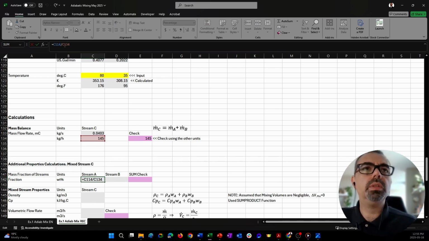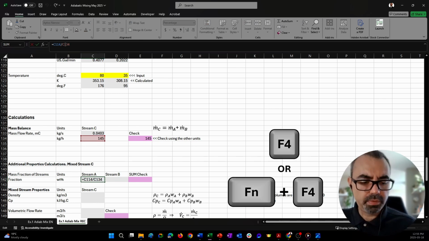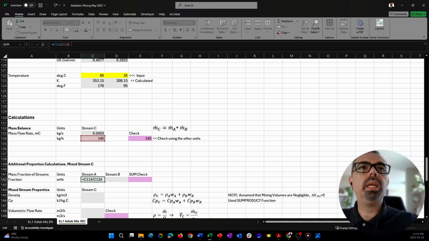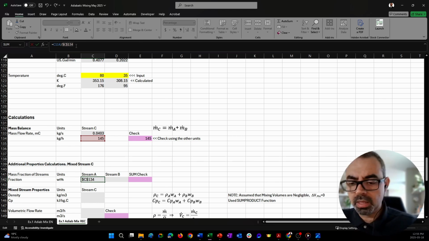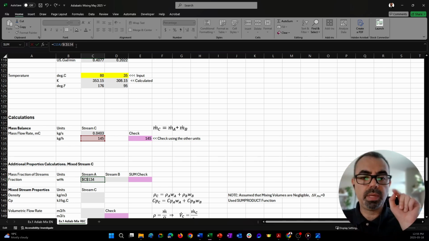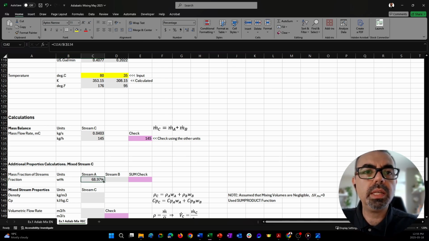I'm going to do that using the key F4, which is for creating an absolute reference of the cell. And you see here that I'm adding dollar signs in front of the letter and in front of the number of the cell. And that will ensure that when we drag the formula, this cell remains fixed in its position. So now let's move it to the next.